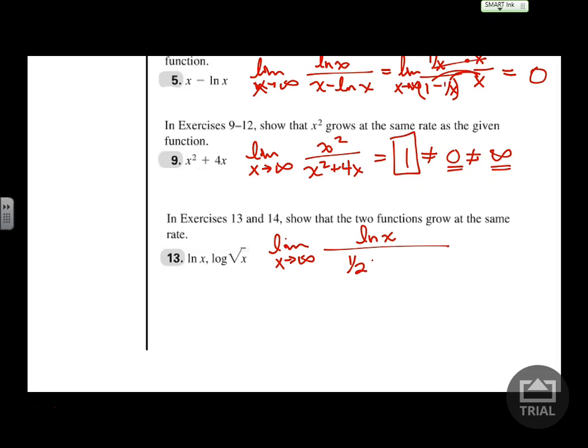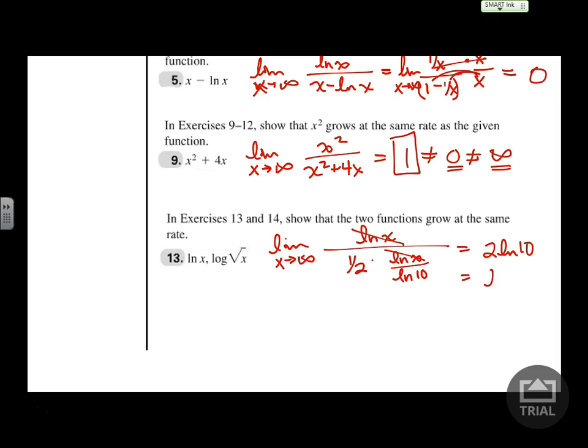Then I have log base 10 of x. Do you remember how to change the base? Yeah. ln of x over ln of 10. Don't the ln's just reduce? Come on, mental mathers, what's my limit? ln of 10.